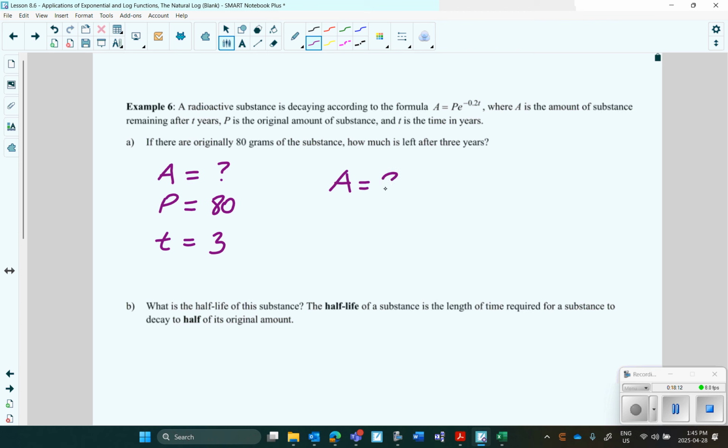A equals 80 times e to the negative 0.2 times 3. Or A equals 80 e to the negative 0.6. So this is where on your graphing calculator, you got to find e to the x. Then you got to raise it to the negative 0.6 and get an answer. Once you get that answer, you have to times it by 80.